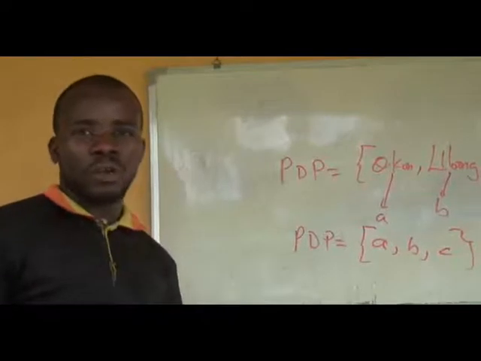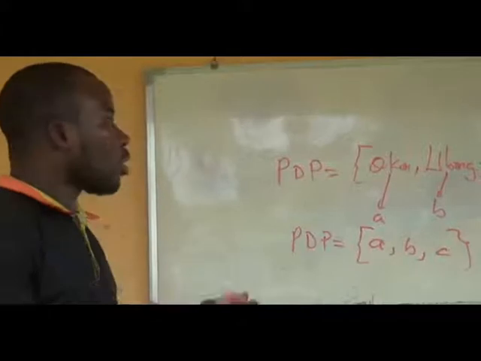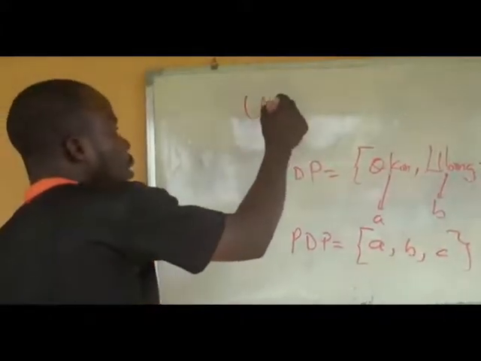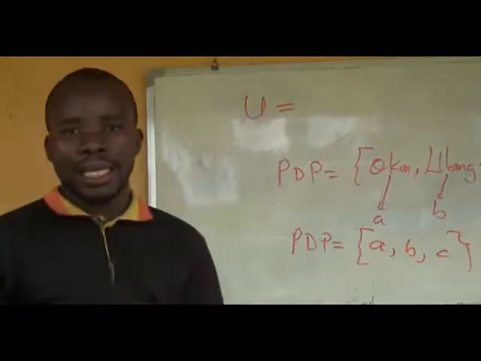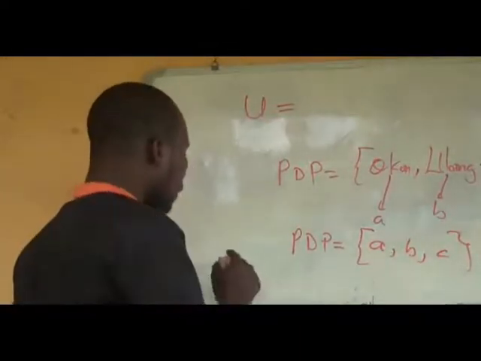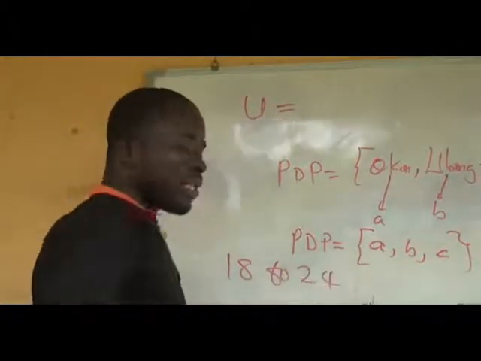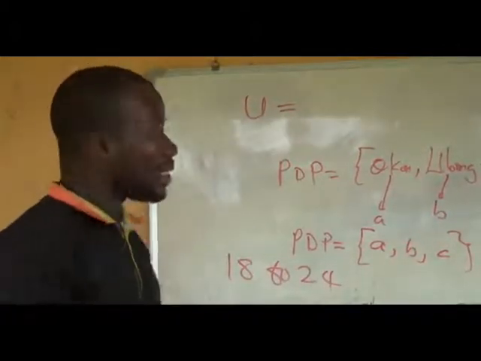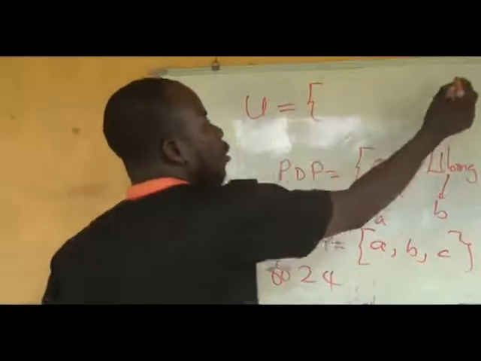If we take University of Uyo, for instance, and we want to say U to represent University of Uyo, and we say University of Uyo is a set of students whose age ranges from 18 to 24 years. We can write it as this: U is a set of students.